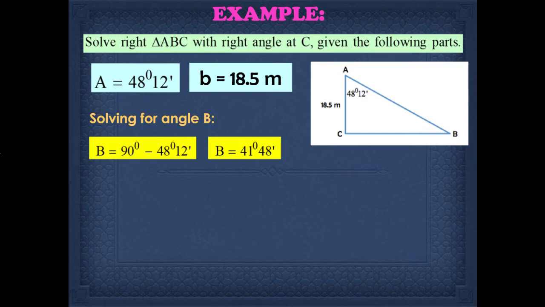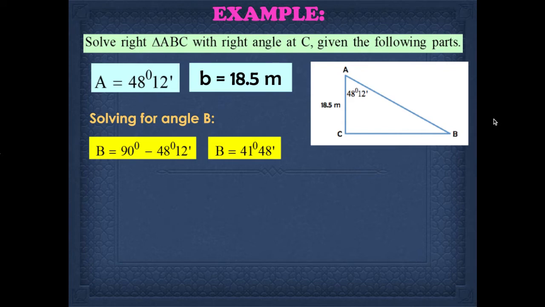Now remember, we are given a right triangle, so we can use SOHCAHTOA.